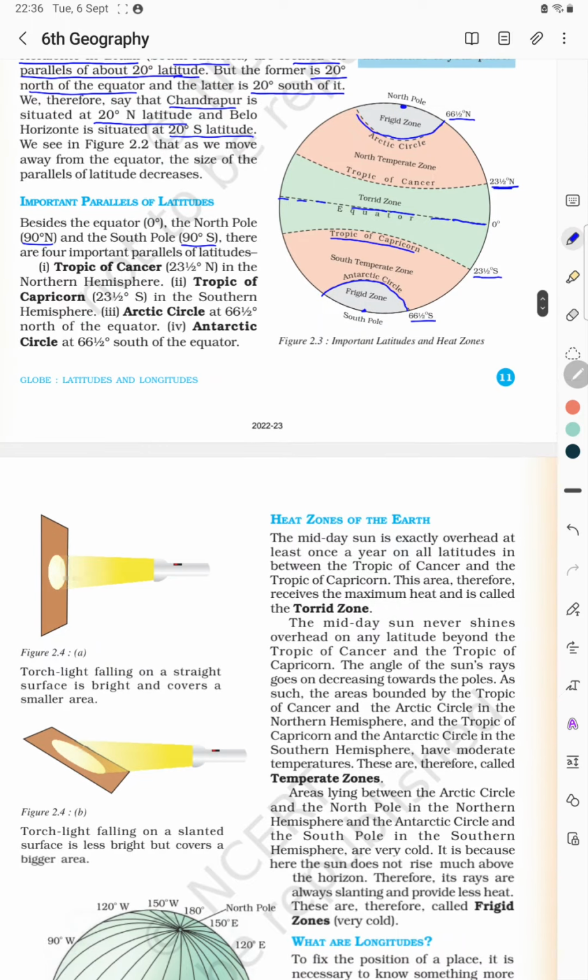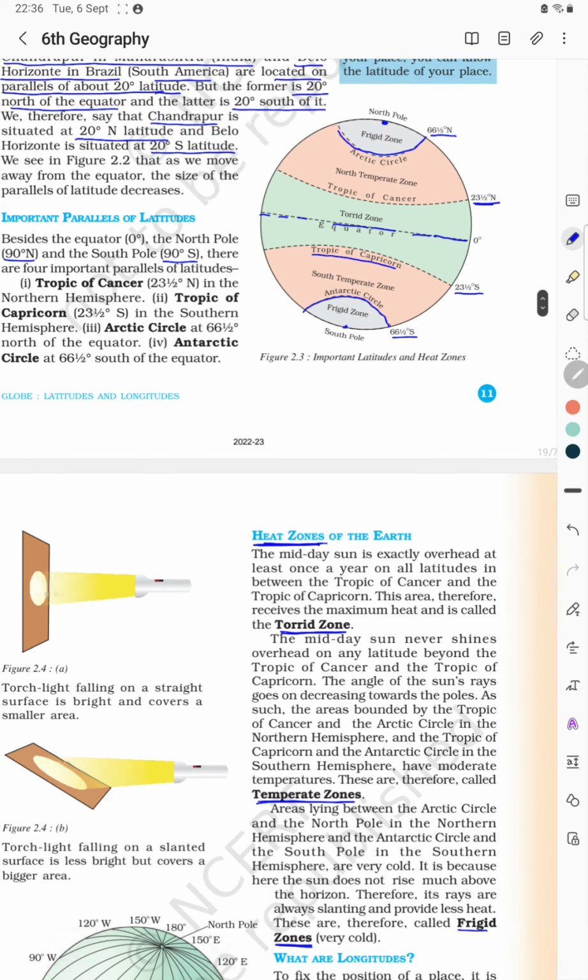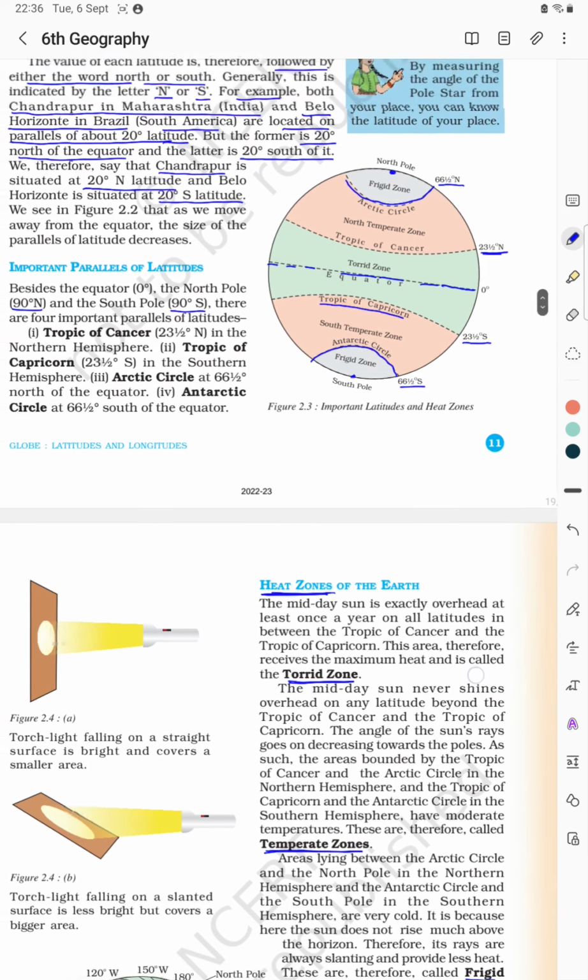Okay, now let us discuss heat zones. What are heat zones? We have the torrid zone, the temperate zone, and then the frigid zone. These zones are defined based on the sunlight available in these areas.